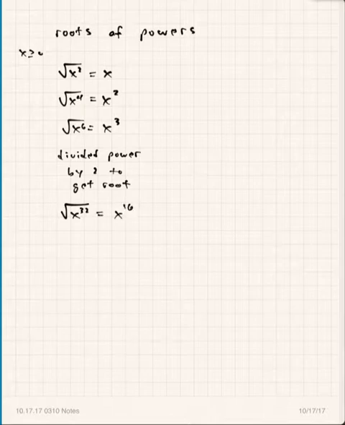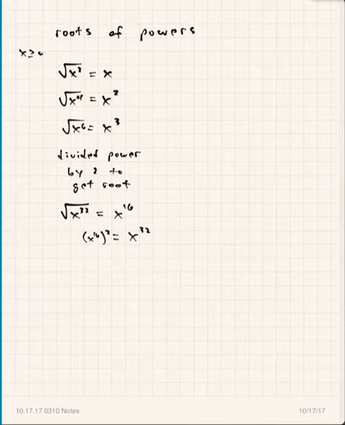And again, this isn't some magical rule here. Remember, the reason why this works is because you're looking for a number that you can square to get x to the 32nd power, because that's what a square root is. And so what power fits in there is x to the 16th, because you multiply exponents like that. So you divided the power by 2 to get the root for square roots.